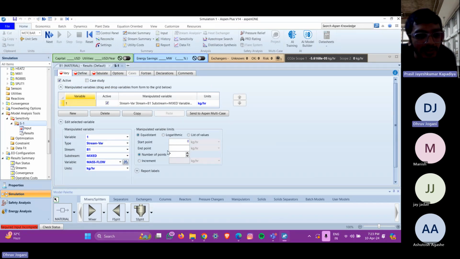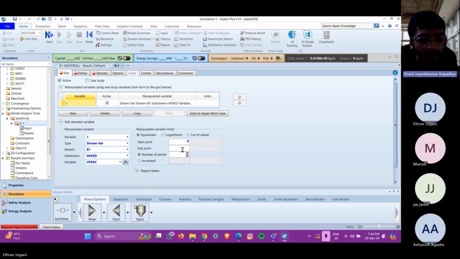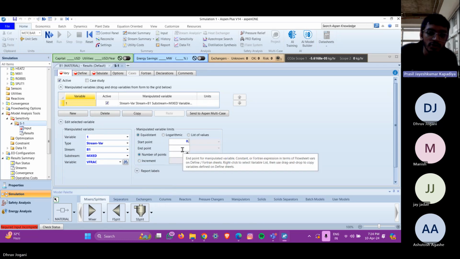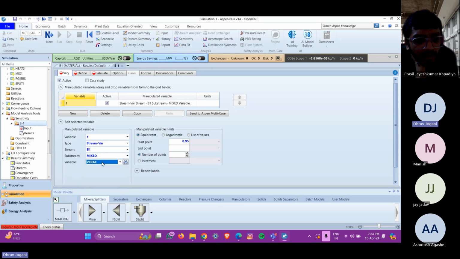Go for mass fraction. Or you can also choose molar fraction. So mass fraction, can you see it somewhere? No, sir, these are the only options available.